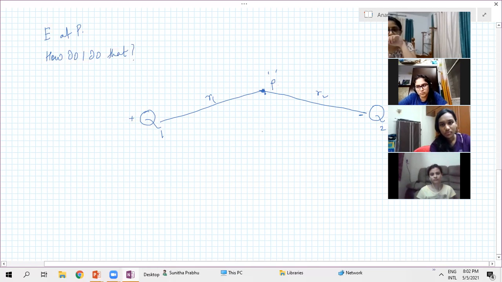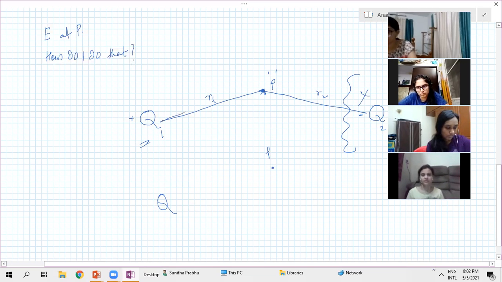Okay, what we are doing is, if I didn't give this fellow, this is not there. What would you do? Very easy, sir. You have given me Q1, and you have given me a point. You have given the distance. I can find the electric field at P. How will you do it? This is the point P. Electric field is going to be along the displacement vector.